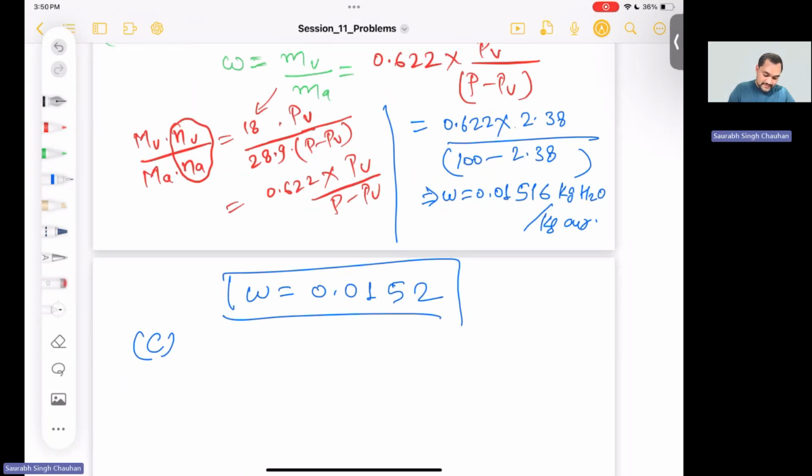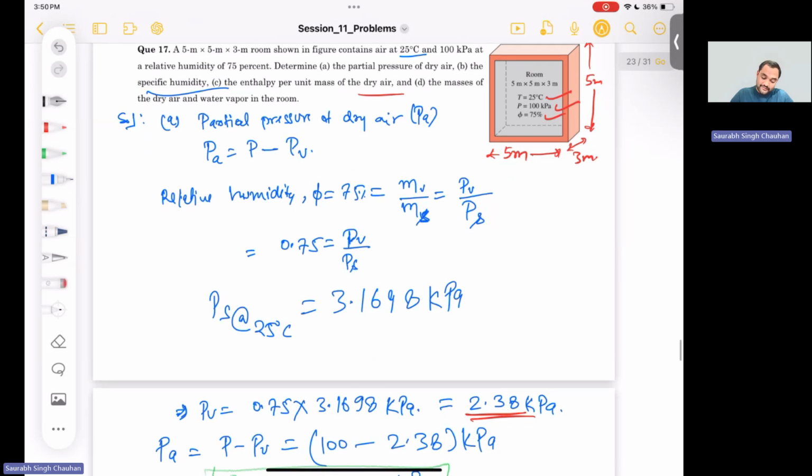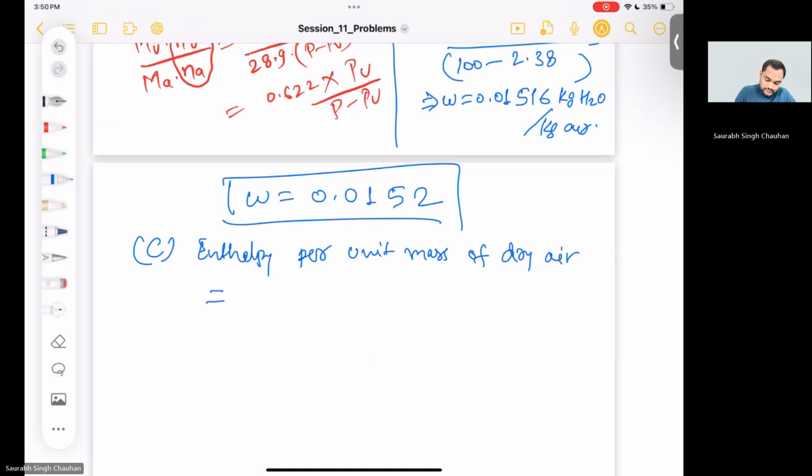What else we have to find? We have to find the enthalpy per unit mass of dry air. So that is total enthalpy divided by mass of dry air.